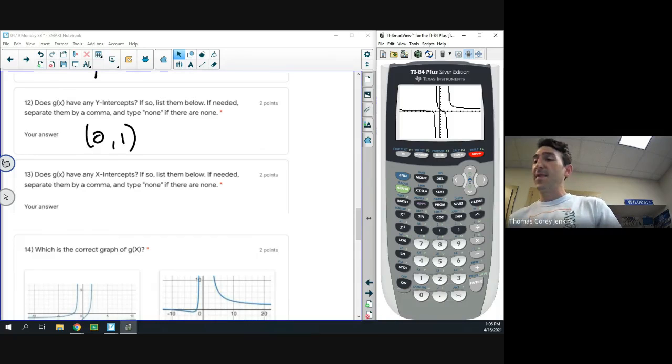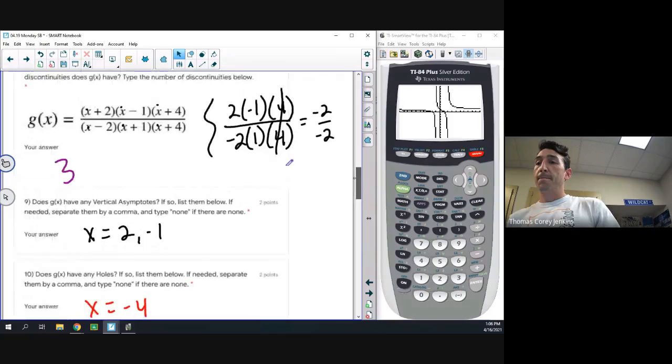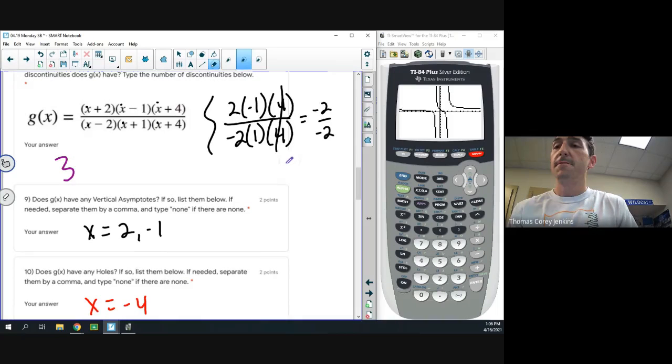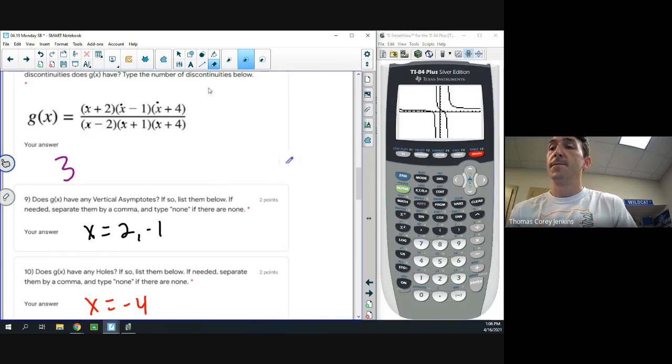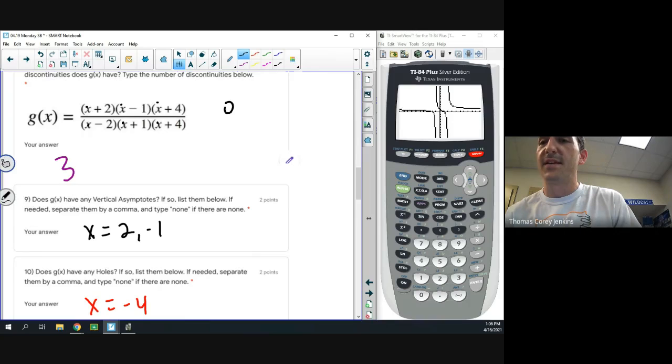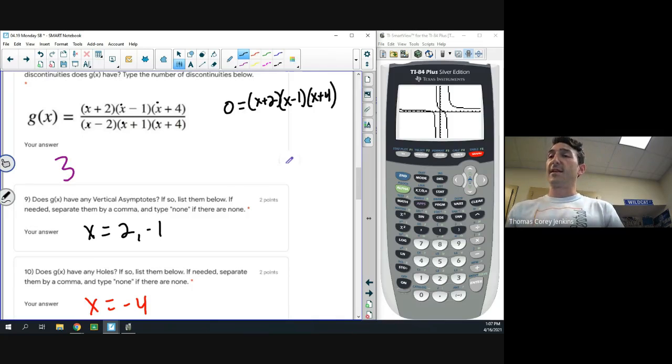So how we get that algebraically would be you plug in 0 for g of x, all right, and then basically you'd be left with 0 equals x plus 2 times x minus 1 times x plus 4, or we could just go ahead and cancel that x plus 4 since it cancels, because that's going to be removable.